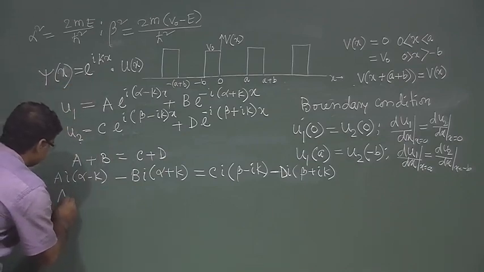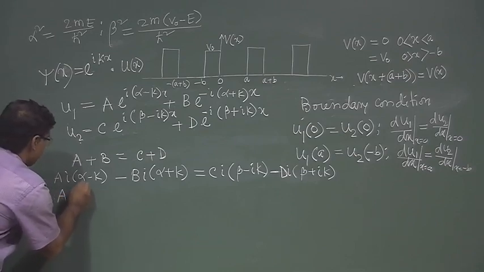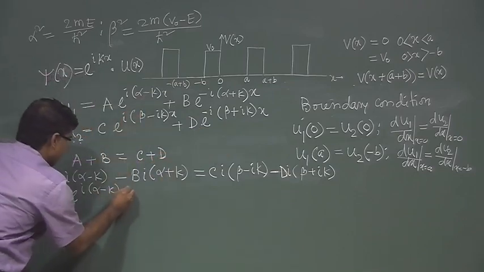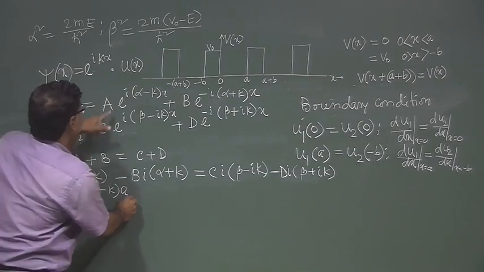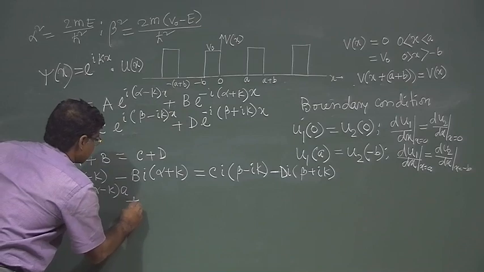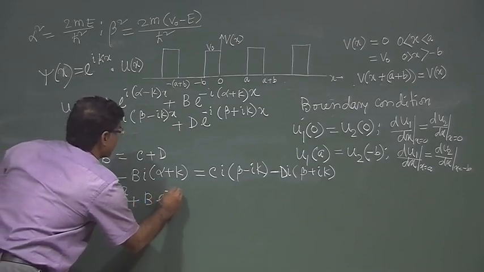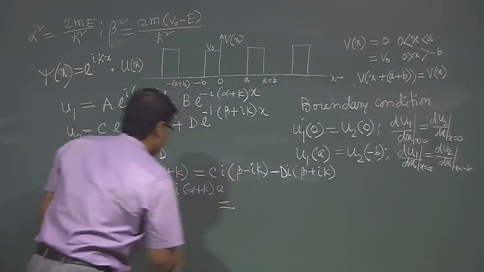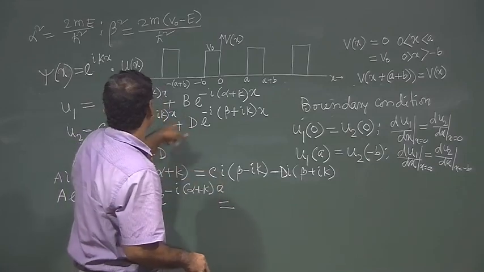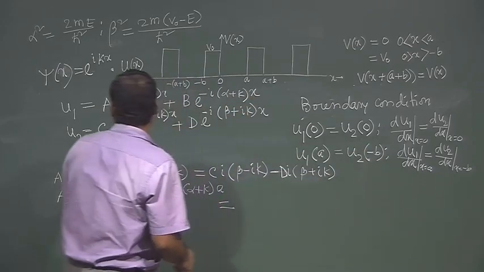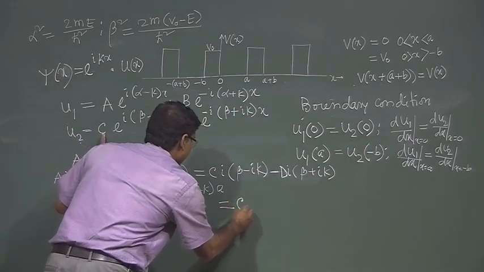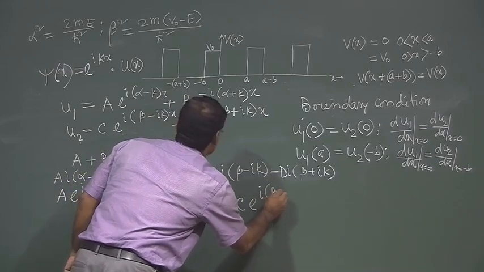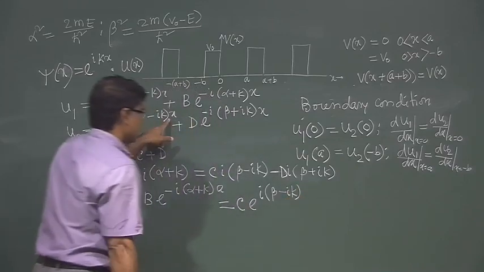A e to the power i(alpha minus k), right, with x equal to a, then plus b e to the power minus i(alpha plus k)a, right, equal to, for minus b, x equal to minus b in u2, I will get c e to the power i(beta minus i k), right. So, x equal to minus b.